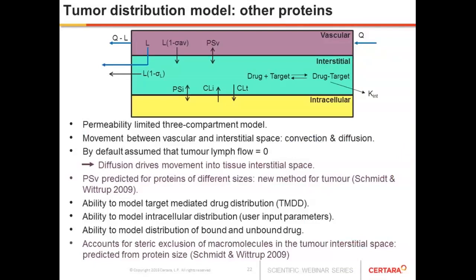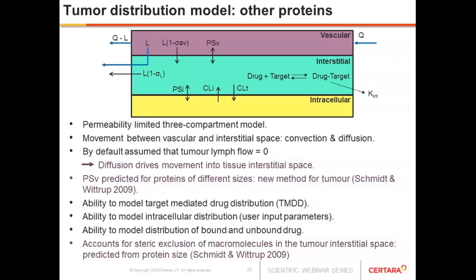So there's quite a lot of evidence that in the core of the tumour, because of high interstitial pressure, there's an impairment of the lymphatic system and collapse of the lymphatic vessels. So based on this evidence, by default, we assume within the model that the lymphatic flow is zero. And you can edit this and modify this to investigate if there is lymph flow, but by default, we assume that that's not the case.